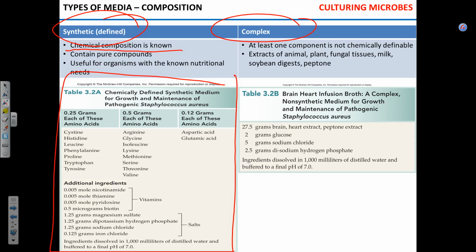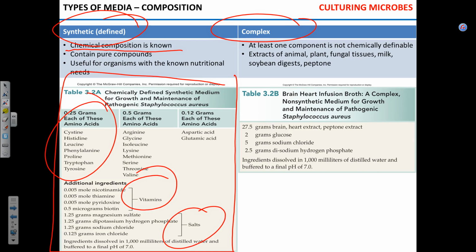You can trace the exact amount of each compound from amino acids to vitamins to salts. Pretty much you walk in the lab, you have shelves with chemicals and you put them in a flask, add water, you autoclave it, here's your defined medium. Make sense? Okay.